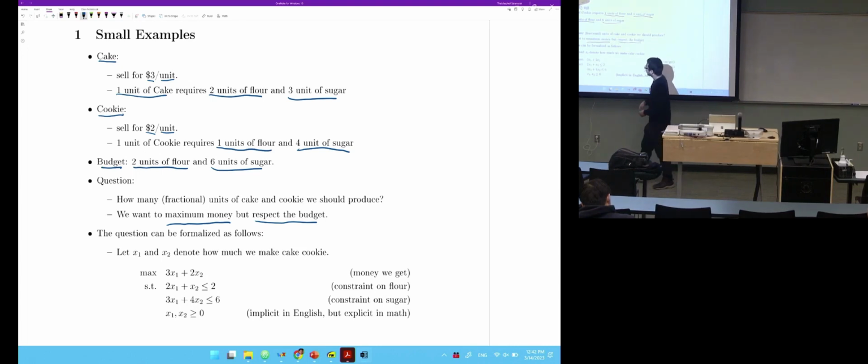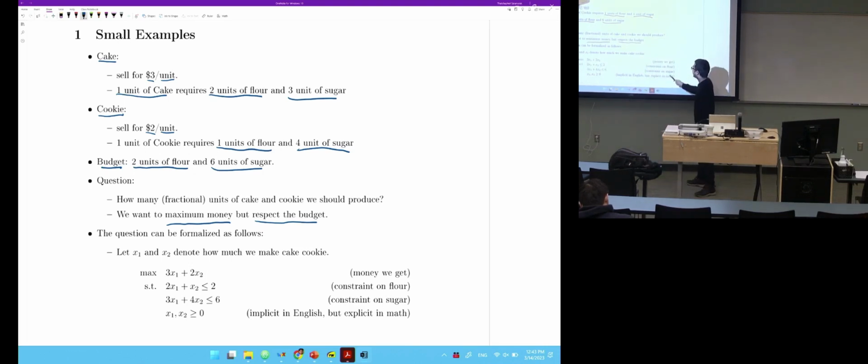How? Well, you can let x1 and x2 denote how much cake and cookies you make. Then what you want to maximize is just 3x1 plus 2x2. Right? This is just the total amount of money you get from making cake or cookie.